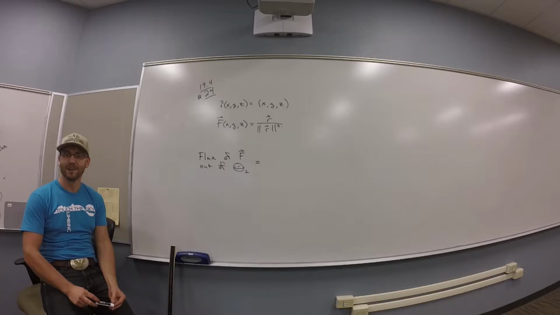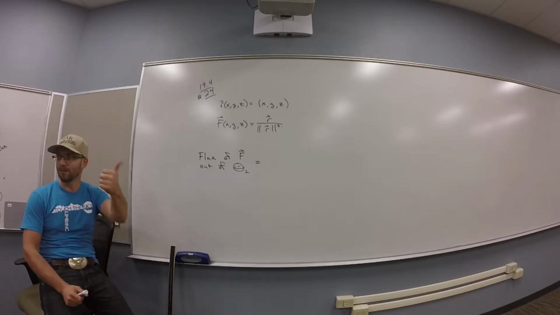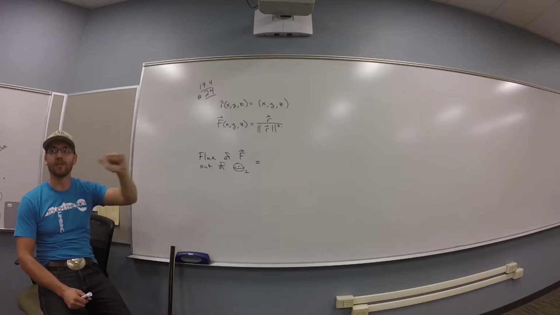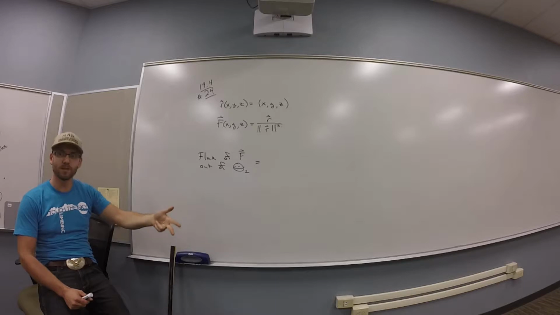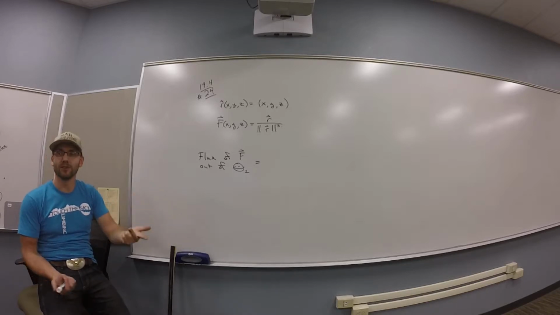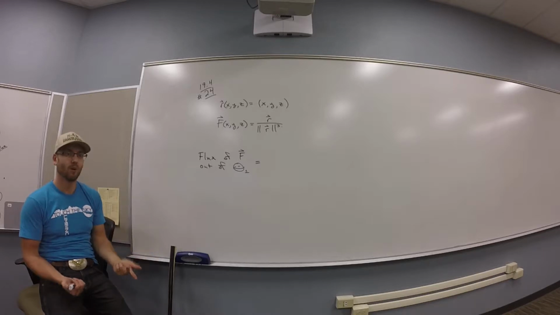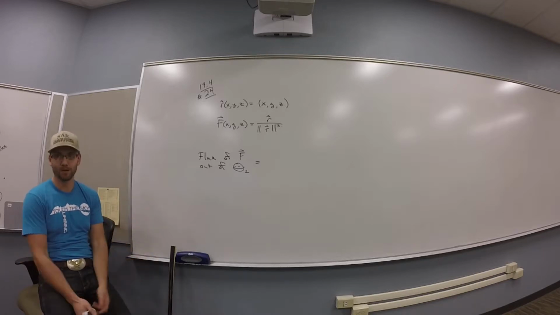So be a little careful with your big hammers. The big hammers in here are the divergence theorem, Green's, and Stokes. All of those are the equivalent of a big tool. So just make sure you're using the right big tool, or that you're allowed to even use a big tool.